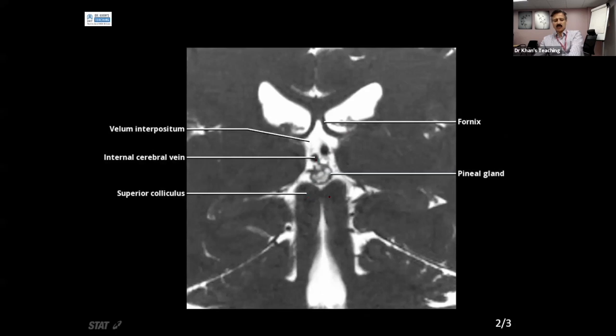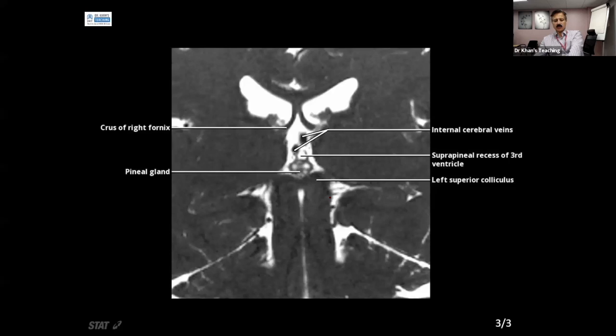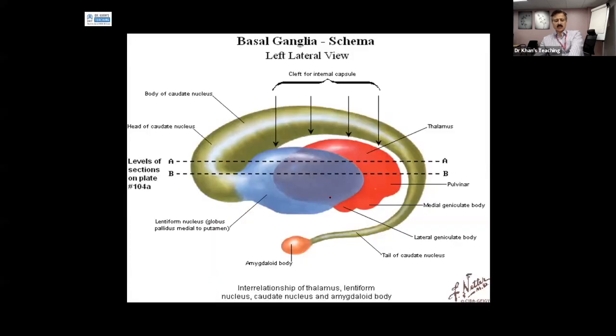These are the internal cerebral veins. And so basal ganglia and thalamus, I think we are going to just do them in 2 minutes because you already know it. But having said that, one point which I want you to remember is the caudate nucleus.